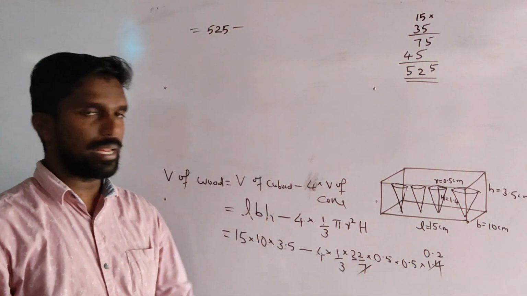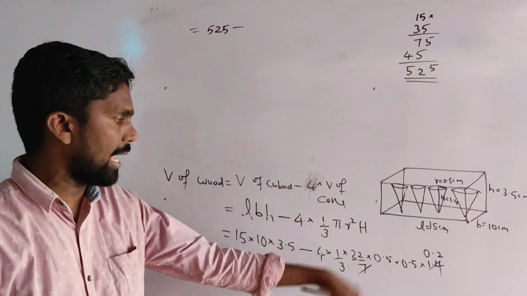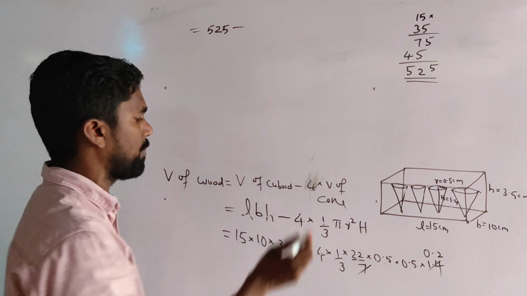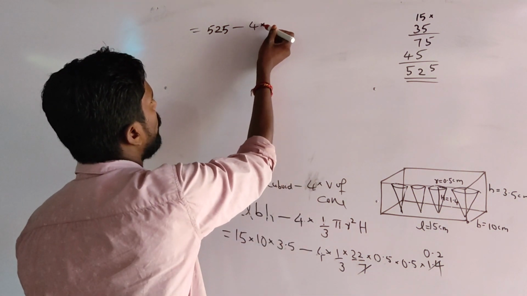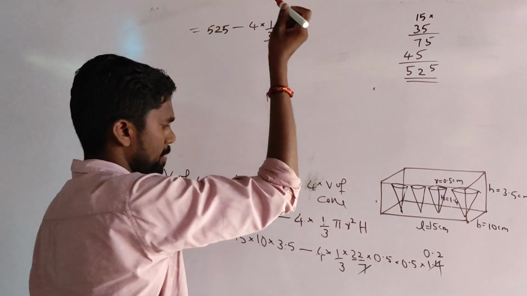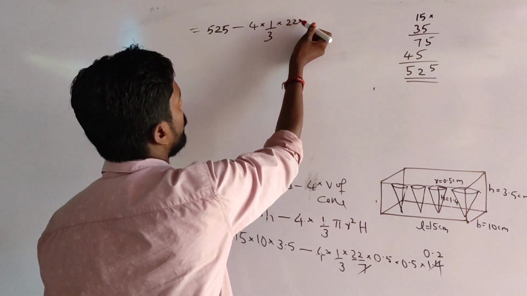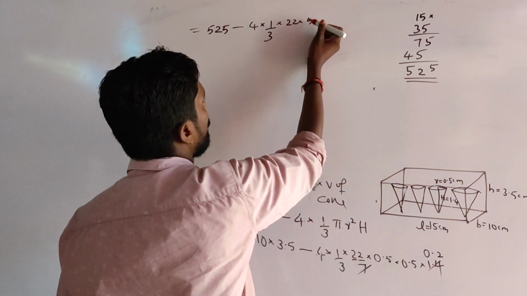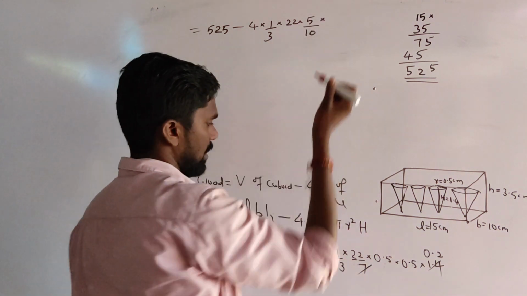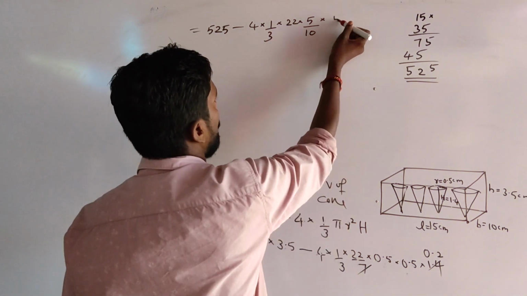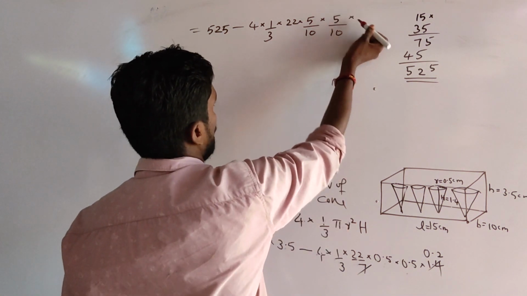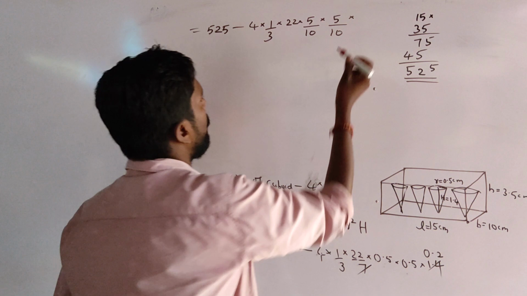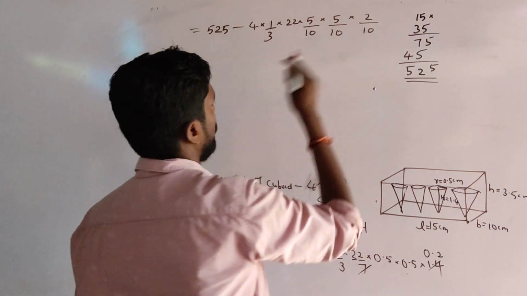This you can easily do. If you want, you can avoid this decimal and do it, no problem. 4 into 1 by 3 into 22 into, for easy calculation, 0.5 means 5 by 10. 0.5 means 5 by 10. I am saying for easy calculation. 0.2 means 2 by 10.